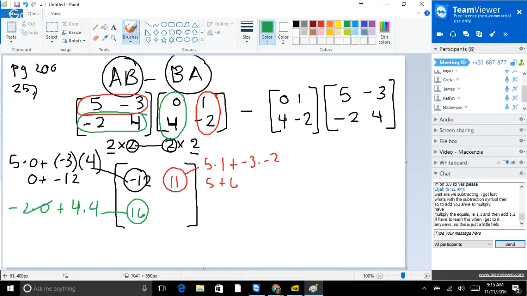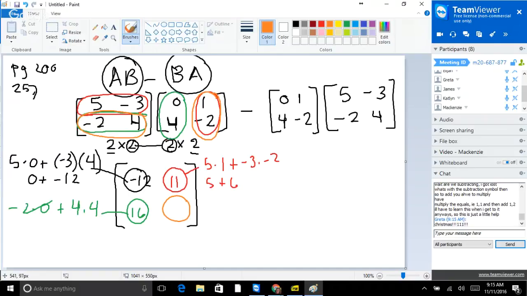Then the last position, the orange one, is the second row, second column.